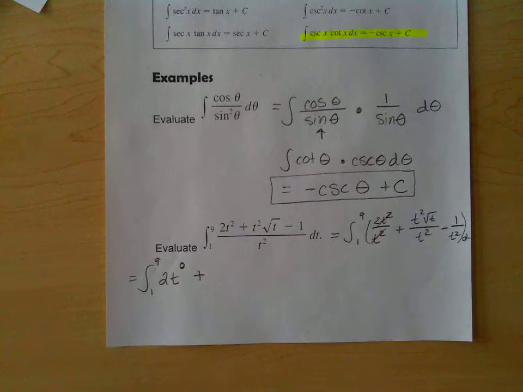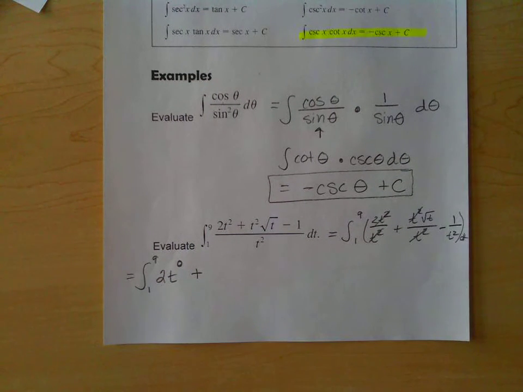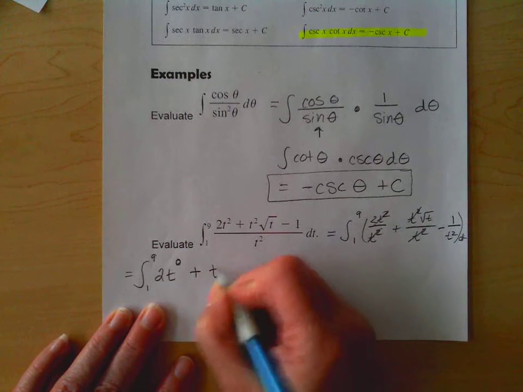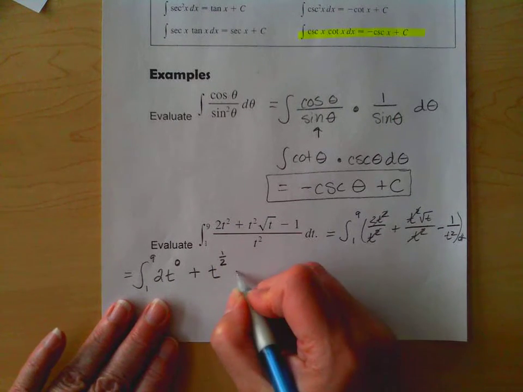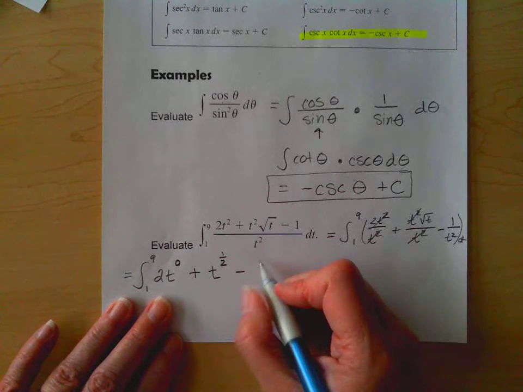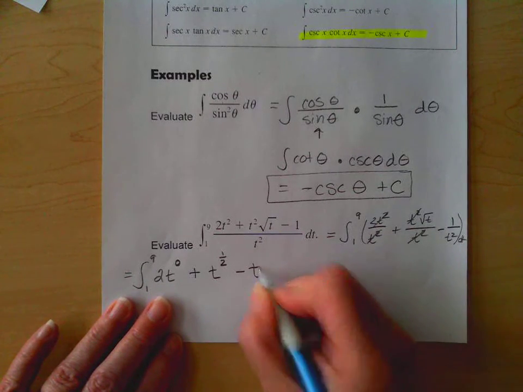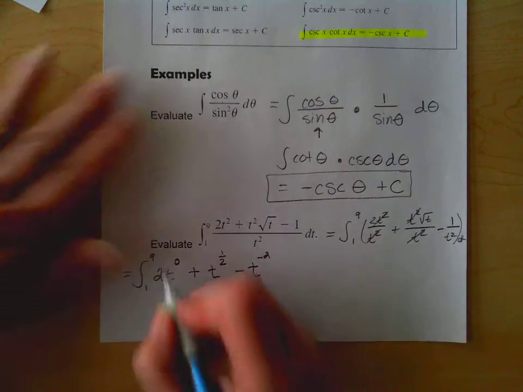For this next part, the t squared over t squared divides out, and we're left with a square root of t, or a t to the 1/2. And then I could write this minus 1 over t squared as minus 1 times t to the negative 2. And all of this is integrated over dt.